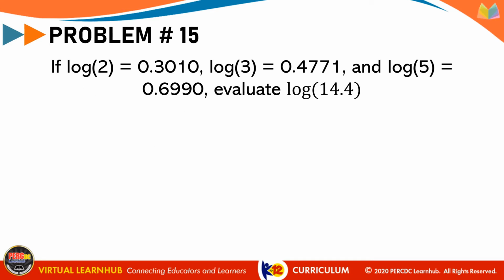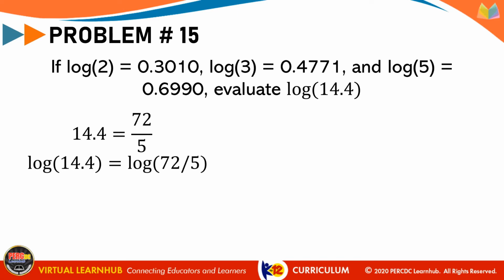Problem number 15. If log of 2 equals 0.3010, log of 3 equals 0.4771, and log of 5 equals 0.6990, evaluate log of 14.4. 14.4 in fraction form is equal to 72/5, giving us log of 14.4 equals log of 72/5.